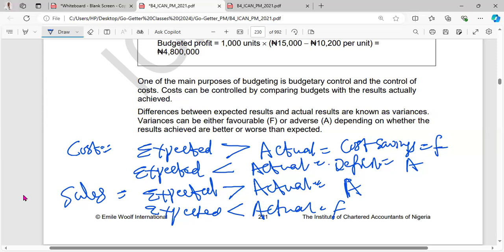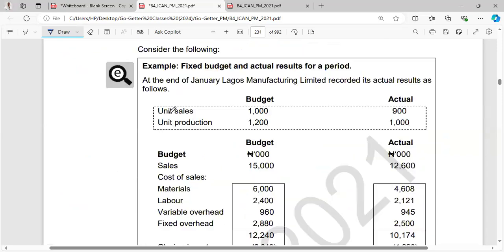But how will you know a favorable and an adverse variance? You are looking at cost, expected is bigger than actual, that's favorable. For sales, the expected is bigger than actual, that's adverse. So let's put that in mind. Now let's consider the following.